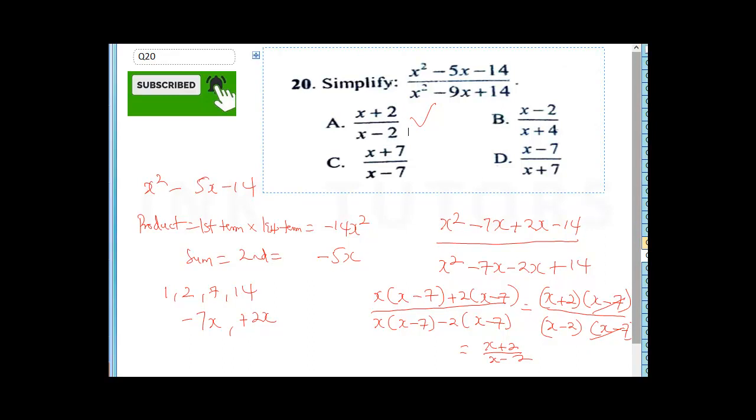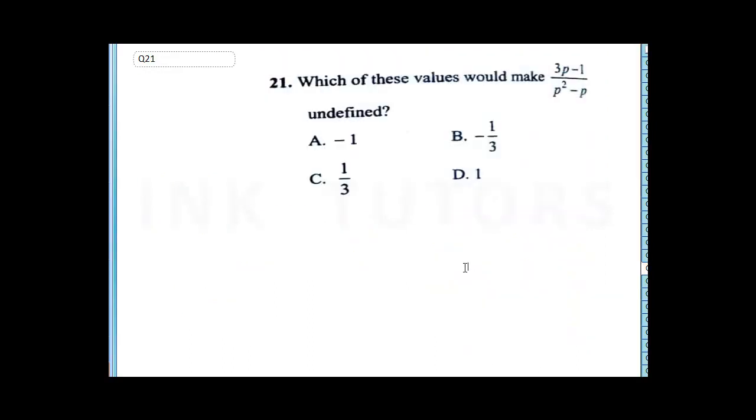So that takes us to the next question, which says which of these values would make 3p minus 1 undefined? Now in mathematics, the rule for having anything undefined is x over 0. Once you have anything over 0, it is undefined. So all you need to do is make the denominator equal to 0.